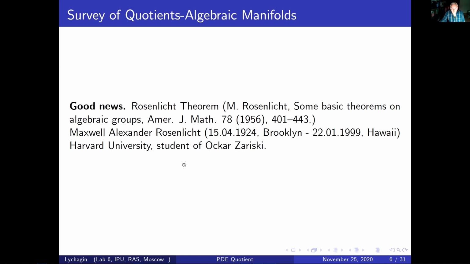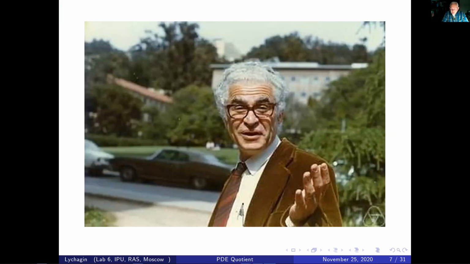Also, one point is that he was a student of Oscar Zariski. Zariski, as I remember, came from Kiev, so it's a Ukrainian trace in our talk. So what is the theorem about? This is a photo I found on the internet. So this is Rosen-Lychagin.